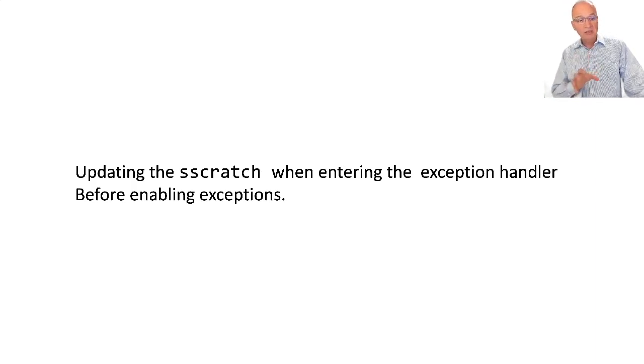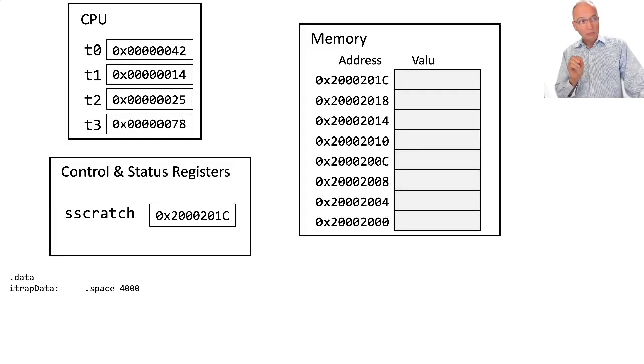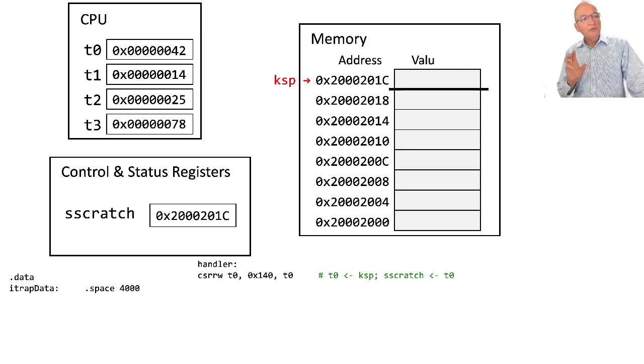Now, how do I update the scratch register when I enter the exception handler, before I enable any exceptions? This task has to be done very carefully because it has to happen before any other operations happen. My KSP is right now at that address, and so my stack starts at that point. My handler will first do an exchange of the value of T0 with the scratch, like before.